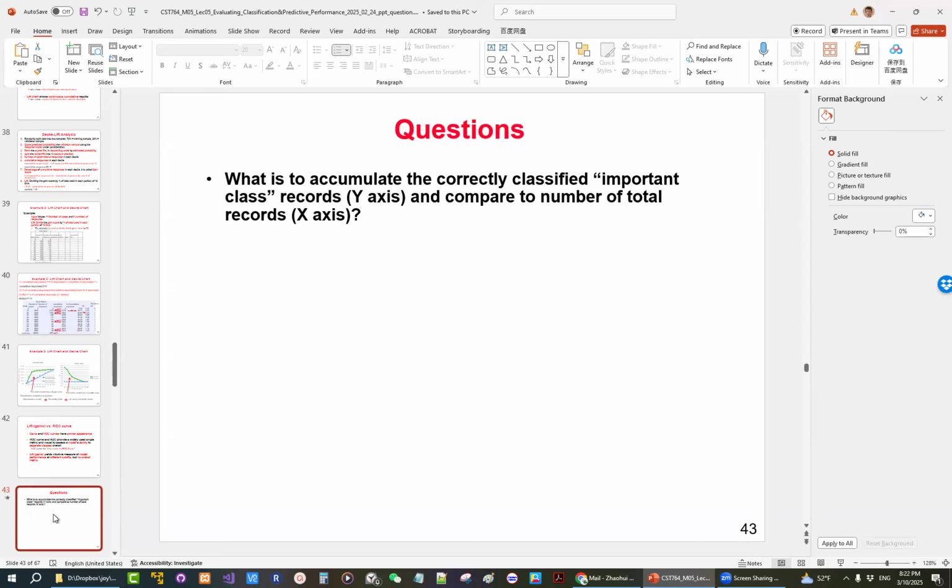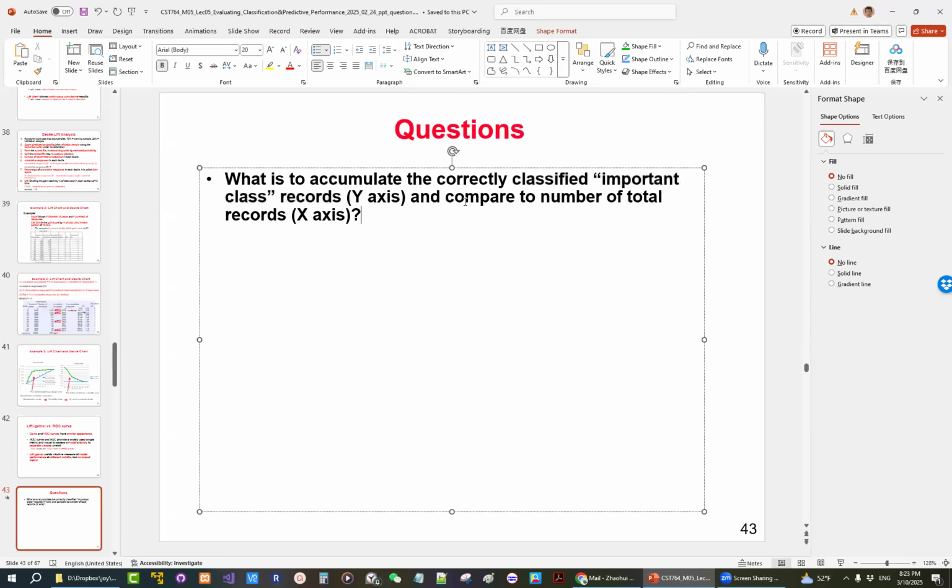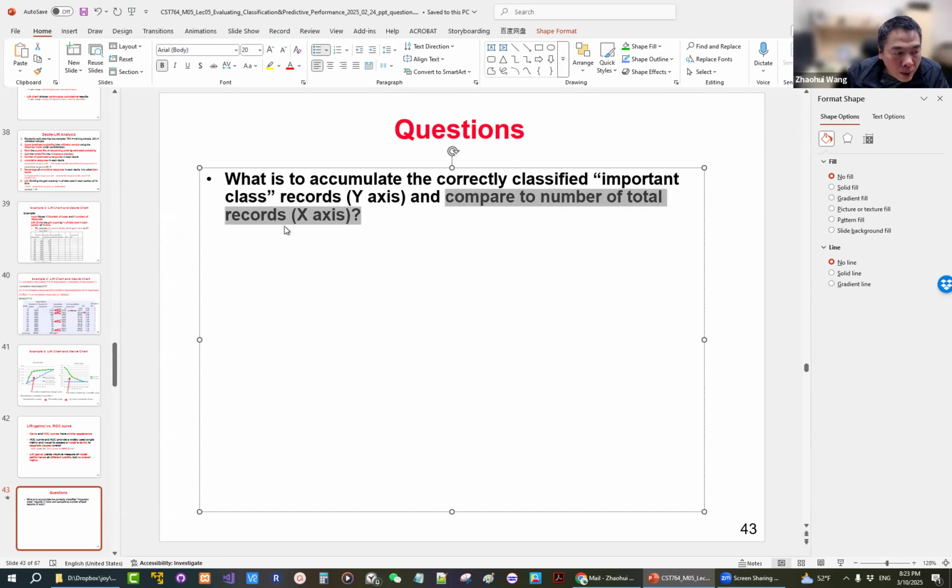So in order to answer the question, we want to look at what you have noted here: the better model has a larger area. Firstly, we need to calculate the accumulation value, comparing the cumulative number of records to the total number of records.